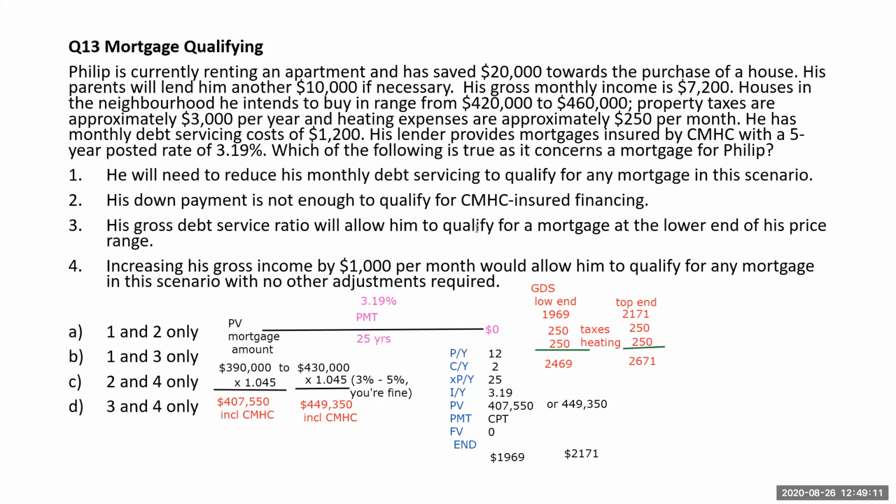That's all good? So now, if I'm just doing GDS, I can do $2,469 divided by his $7,200. And what do I get?